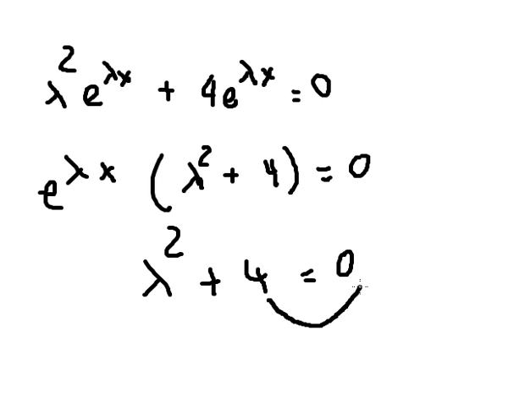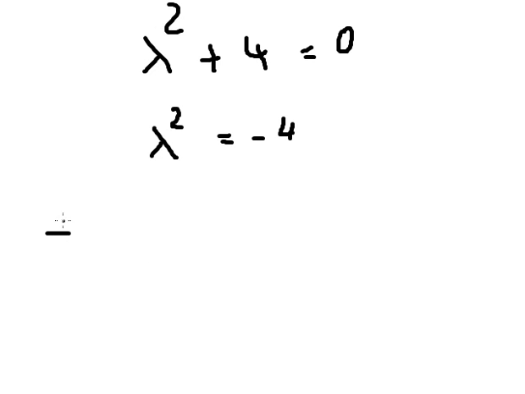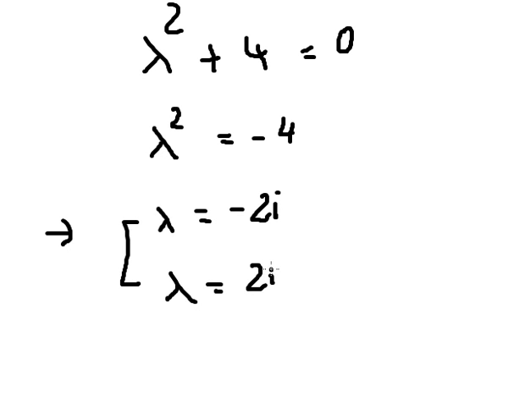Now I will move 4 to the right, and we have lambda squared equals negative 4. Now we take the square root of both sides, and we have lambda equals negative 2i and lambda equals 2i.